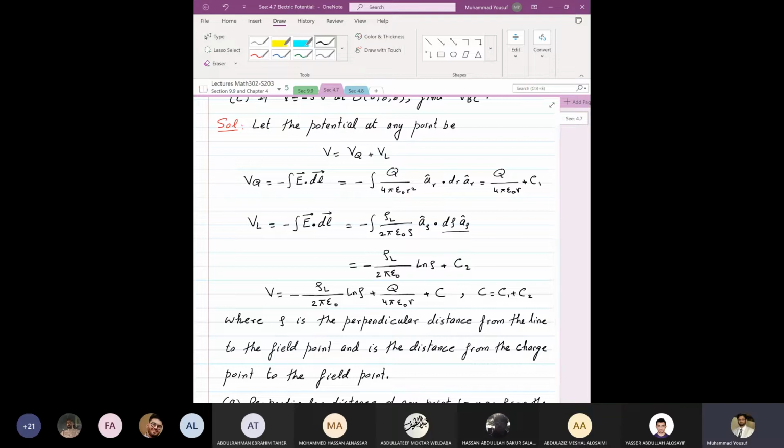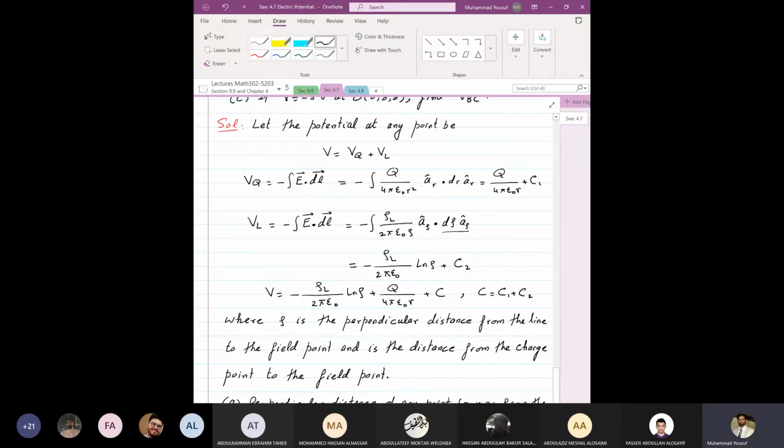Where rho is, okay, here we need to know what this rho is. Rho is for the line charge, and rho is the perpendicular distance from the line to the field point, that is, to the point where we are going to find the potential.